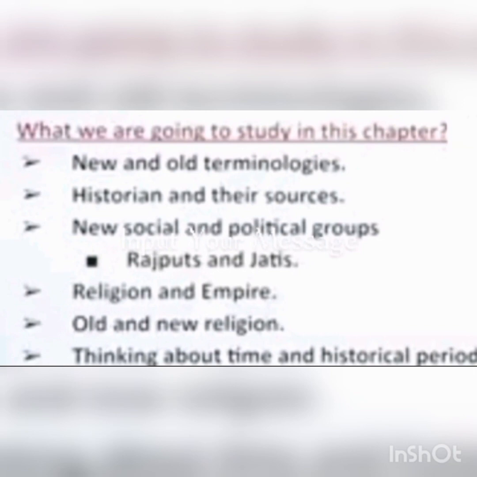Then the historians and their resources, from where they collected their sources for making their maps; the social and political groups like jatis; the religion, the new religions and empires which emerged during this medieval period; about the old and new religions; and last but not least, thinking about time in historical periods.